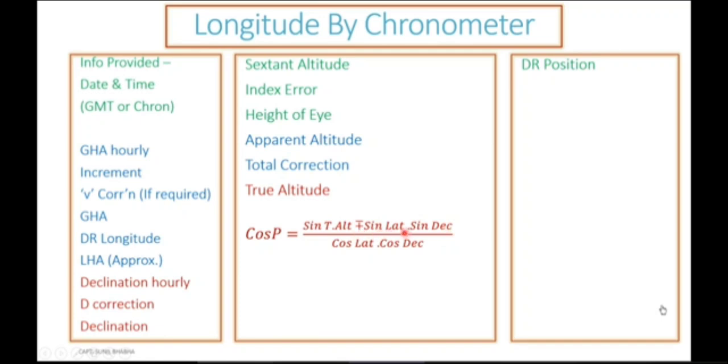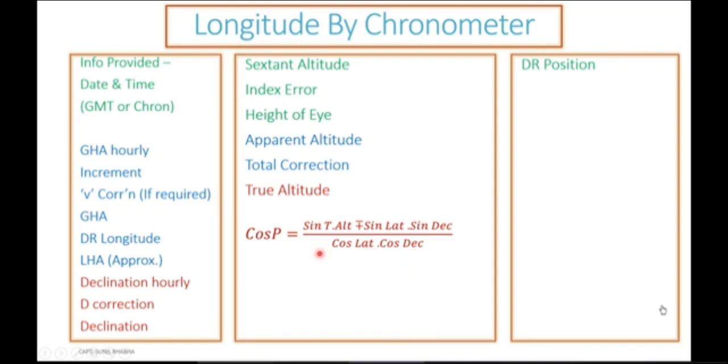The latitude used in the formula is the DR latitude. DR latitude is available to us as the DR position is known. Then we have declination, which has been calculated from the almanac information. We have the accurate declination with us. In the denominator, again, we have the DR latitude and the declination, which is known to us.